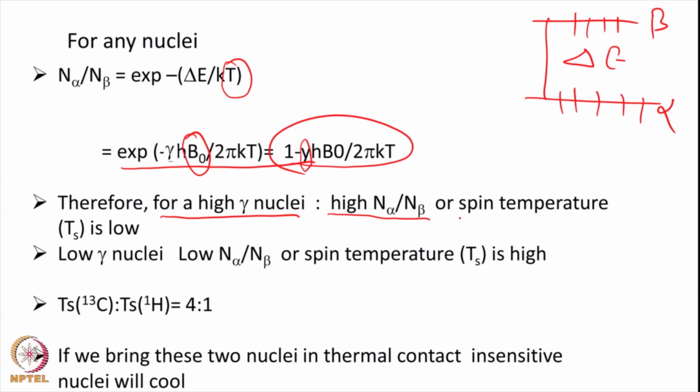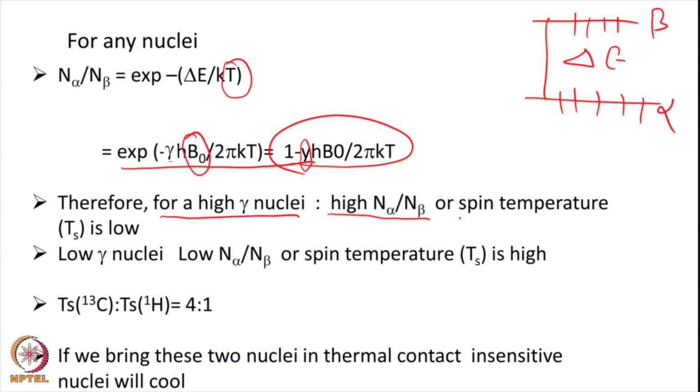So protons sit in a low temperature spin bath, whereas carbon 13, a low gamma nucleus, has a low ratio of N alpha and N beta and sits in a high temperature spin bath. The ratio is typically 4:1, because gamma of proton is 4 times that of carbon 13. So Ts, the spin temperature of carbon 13, is 4 times the spin temperature of proton.